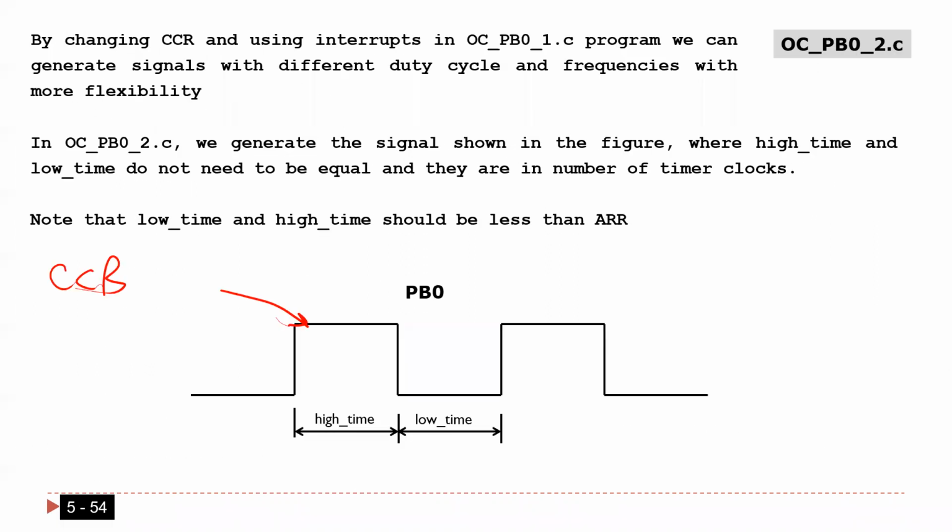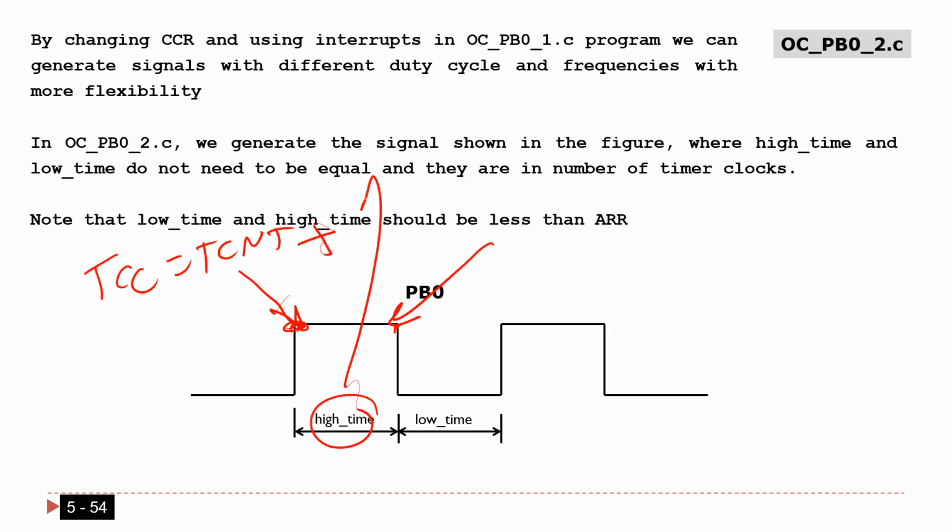So all I need to know, guys, is that I have periodic interrupts. Once I receive an interrupt, I have to know if this interrupt is here or here. Because if the interrupt is here, that means I have to say CCR should equal TCNT plus high time.